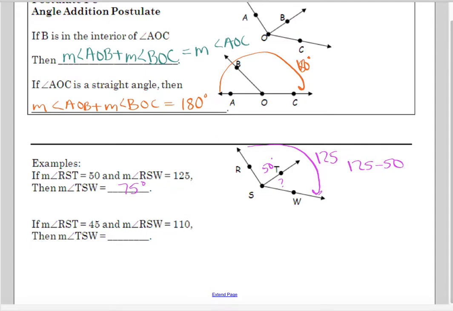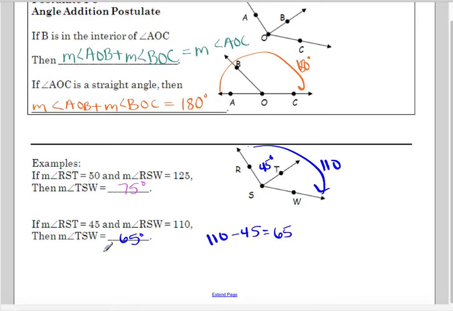For the second one, I'm going to erase that there so I can reuse my picture. On the second one, they said that angle RST is 45 degrees and RSW is 110. So very similar, 110 minus 45 is going to give us 65. So that's 65 degrees for that angle.